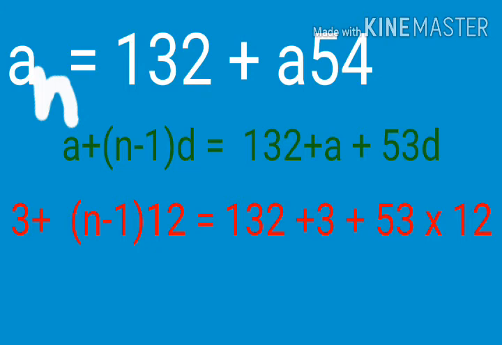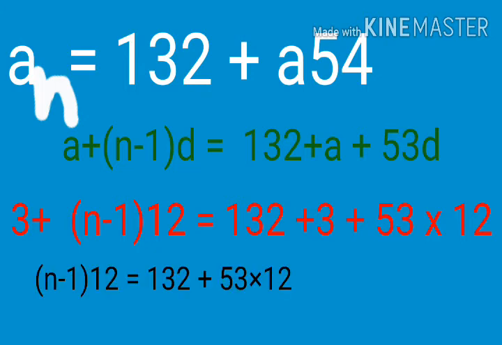Here on both sides that 3 is there. So we can cancel them. That means when we transpose them, then they will be 0. So that 3 and 3 from both sides we can cancel. Then which is remaining? N minus 1 into 12 equal 132 plus 53 into 12.